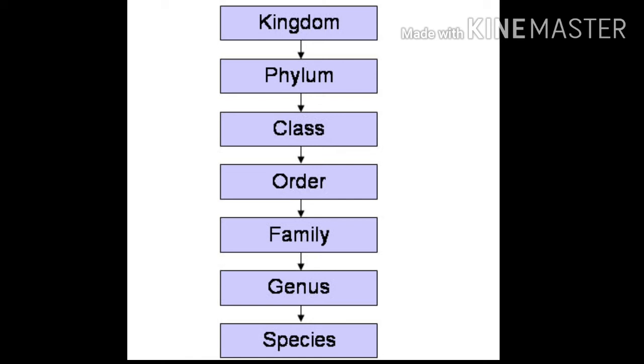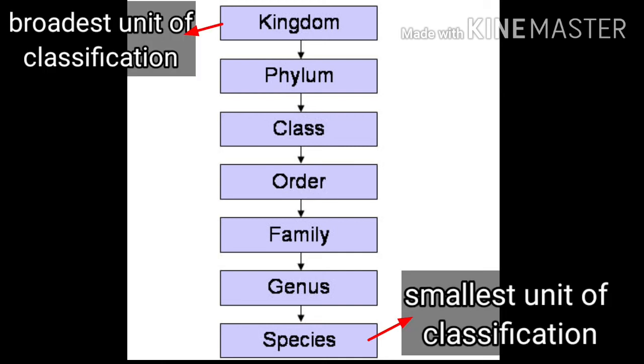Each phylum is divided into classes, each class into orders, and each order again into families, each family into genera, and each genus into species. Kingdom is the broadest unit of classification, whereas species is the smallest unit of classification.